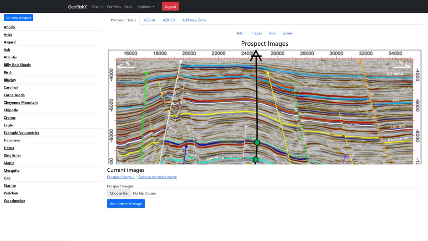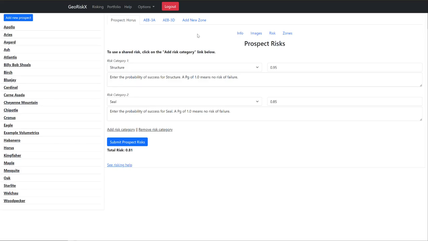Best practice is you load up some images in here, and then we can start evaluating our risk. We can evaluate risk at two levels. We can evaluate risk at the well level, so these would be risks that are common to all of our zones. In this case, our structure and our seal, we believe, are common to both of the zones in this well.